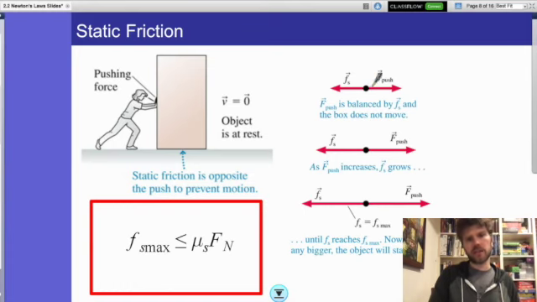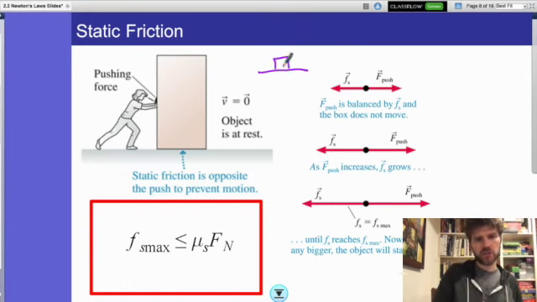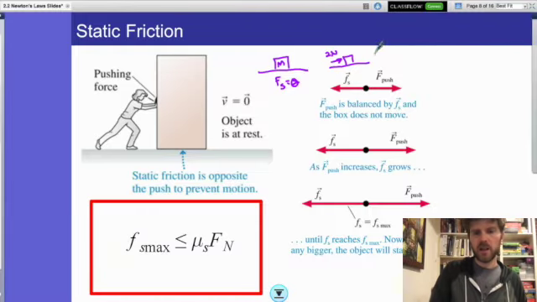What's interesting about static friction is that its value is changeable. If I have a box that's just sitting there doing nothing, like our turtle in the warm-up the other day, well, I'm not pushing on it, so the static friction force is 0. If I start pushing on it, if I apply a force of 2 newtons to it, static friction is going to push back with a force of 2 newtons.